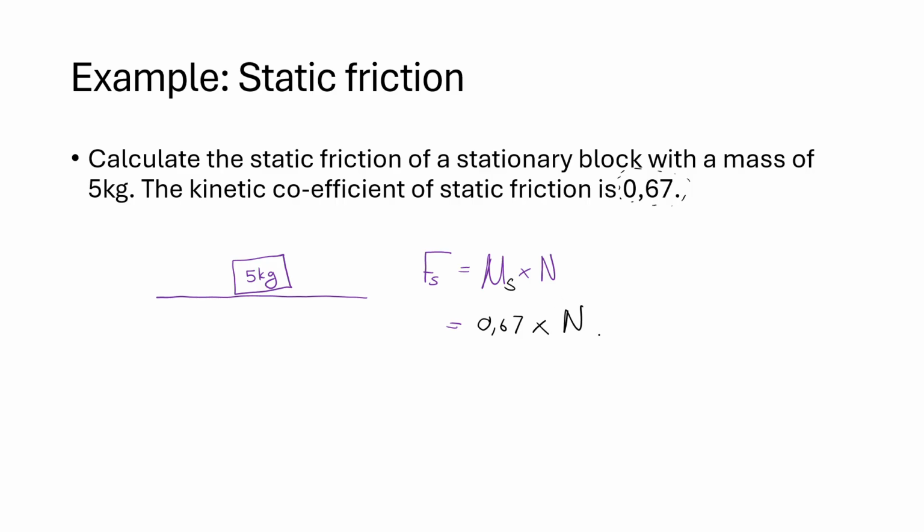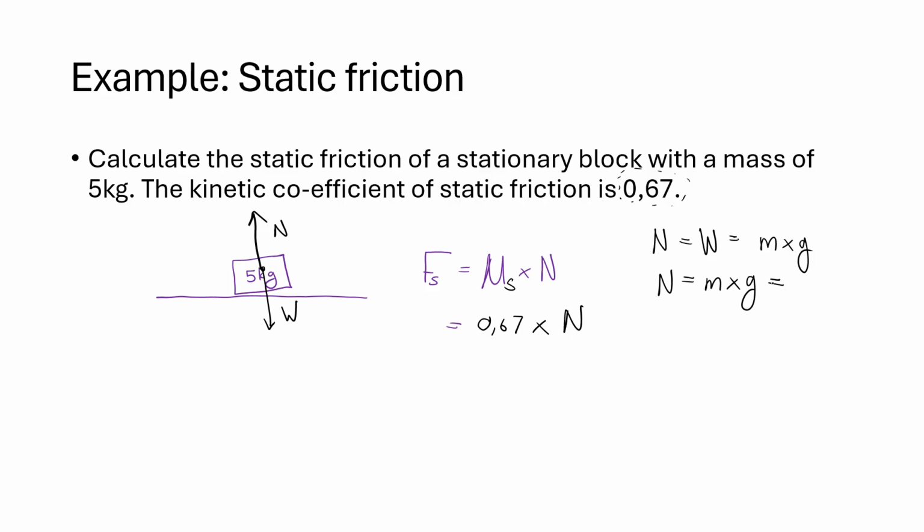But what is the normal force? In this case, the normal force goes upwards and the force of weight goes downwards. So the normal force is equal to the weight force, the force of gravity, and that's equal to mass multiplied by the gravitational acceleration constant.